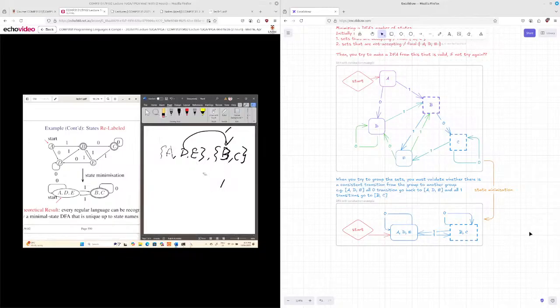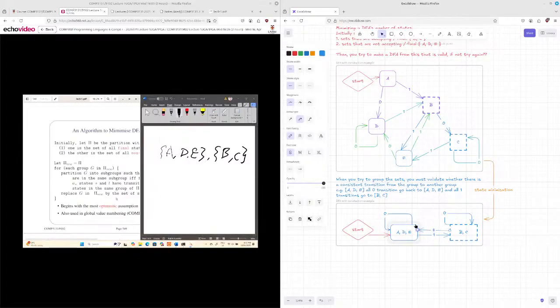Then you repeat the same thing for the other part.